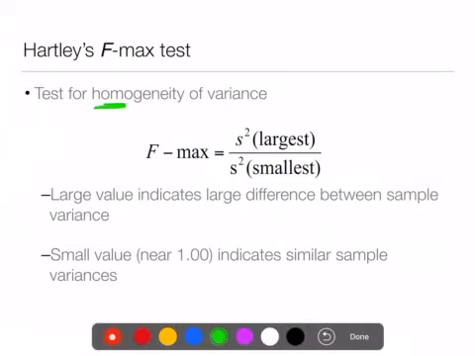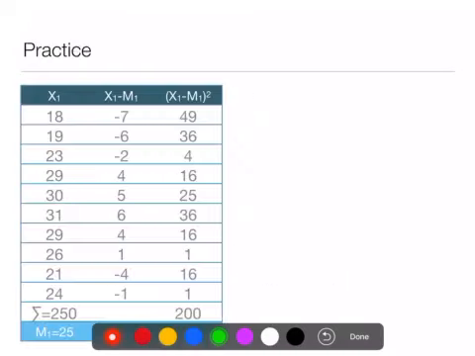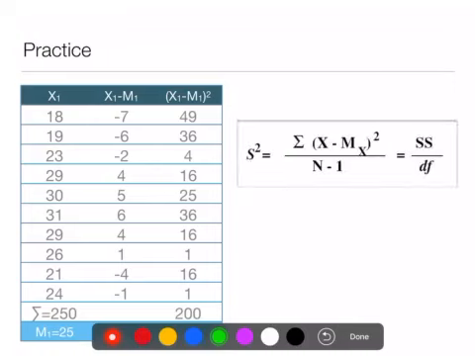So is the variance similar enough that we're able to do this test, right? Are these two populations similar enough that we can compare them? And again, a large value means a large difference between the sample variances, and a small value near 1 equals similar sample variances. Okay, so what we're going to do to calculate this is just do the variance for each population. We previously pooled that variance. We're going to just do them separately.